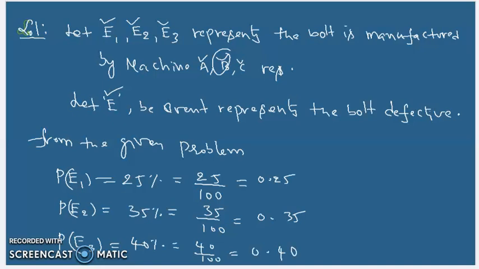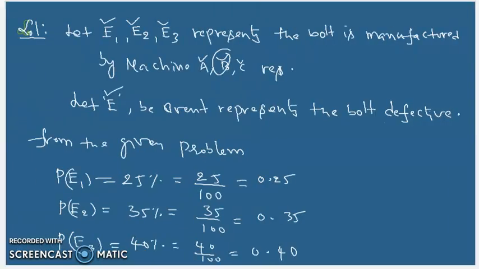This is the data already given in the problem, and along with it one more data is also given. The defective bolts data is also given in the problem. What is the defective bolts data here?